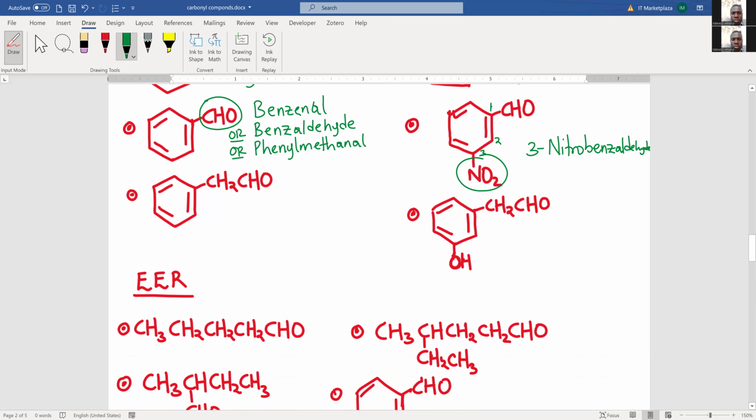Then this one, still we have a phenyl branch. Without this phenyl group, without this ring, it is ethanol.